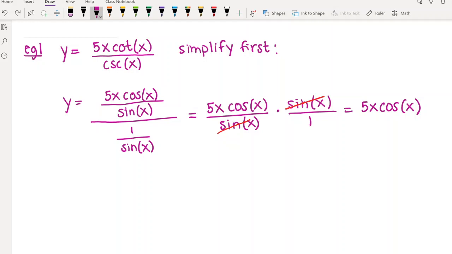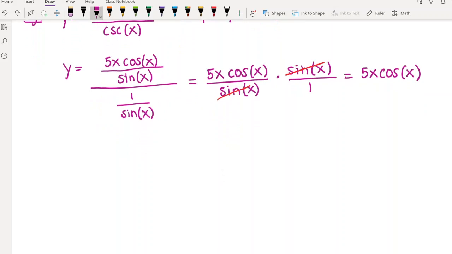So by simplifying this, we got it down to something where now all we have to use is the product rule. So we're going to use the product rule in this case. And so our two functions are 5x and cosine of x. So we're going to first take the derivative of 5x, and that is 5. And then we're multiplying that with cosine of x.